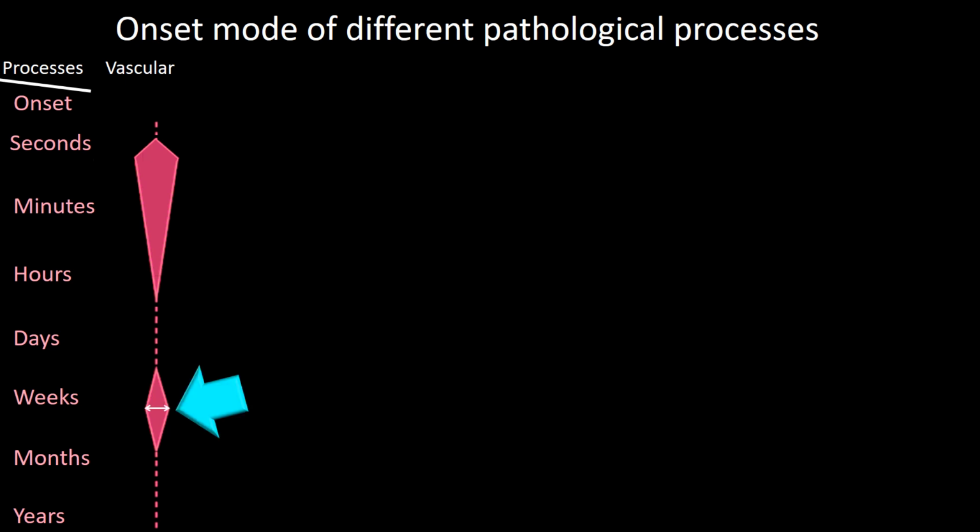But some symptoms that occur due to secondary effect of vascular pathology, like weakness due to cerebral hemisphere compression following accumulation of blood in the subdural space, may reach maximal expression in a matter of weeks or days.